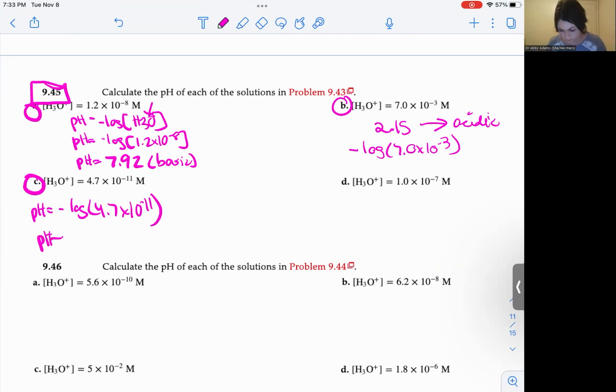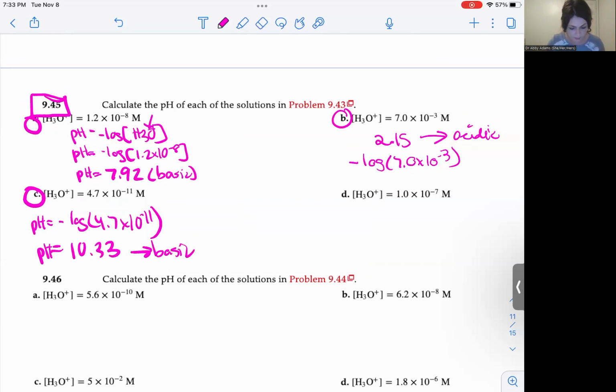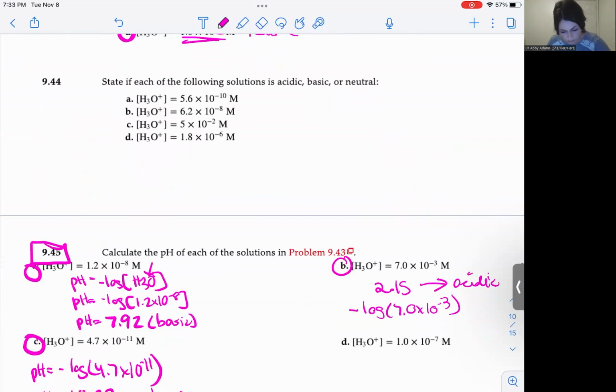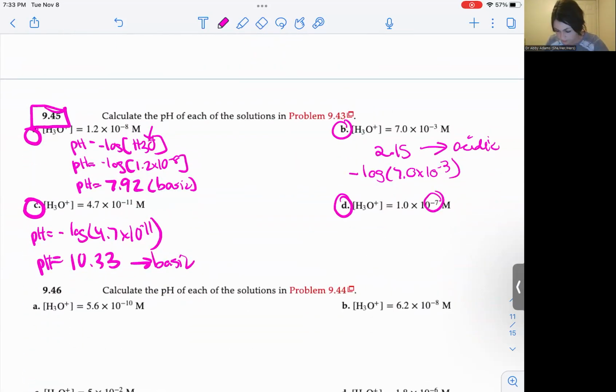You're going to get exactly 10.33, and that is basic. So D, this is going to be neutral. So put in your calculator the negative log of 1 times 10 to the -7, and you are going to get 7, right? So that's neutral, exactly neutral.